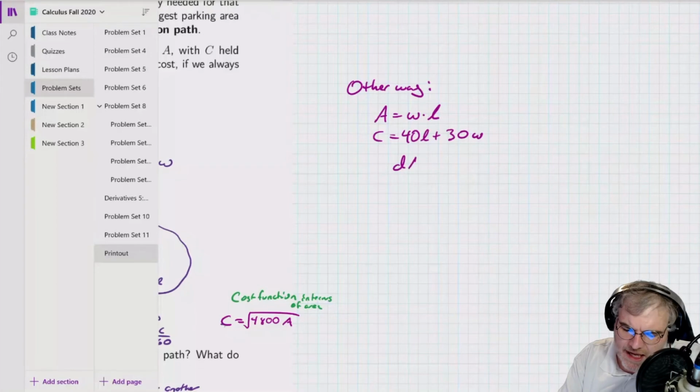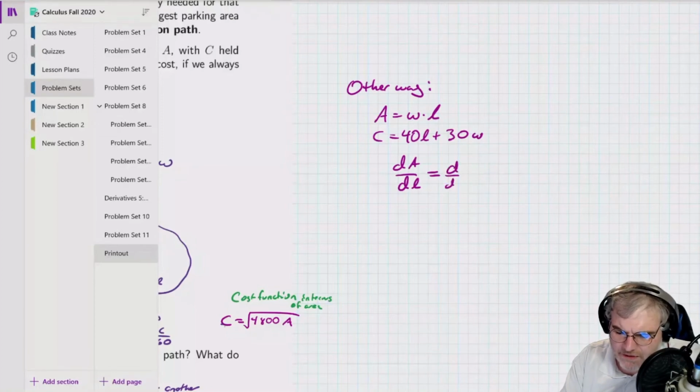So dA over dL, I'll let L drive, equals, this is a nice little product rule. So I would have d over dL of W times L plus W times d over dL of L. Well, that one's going to be 1.